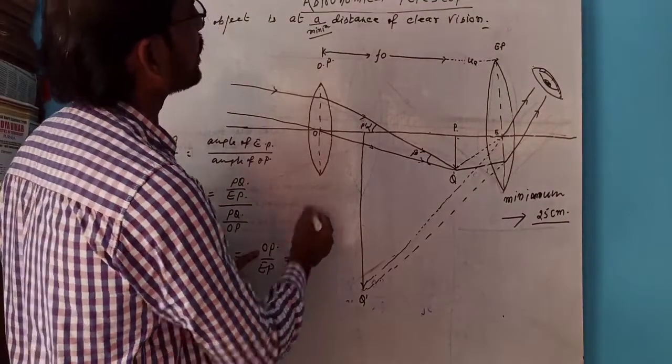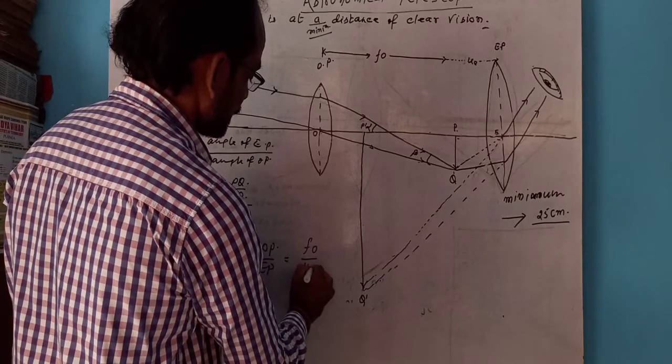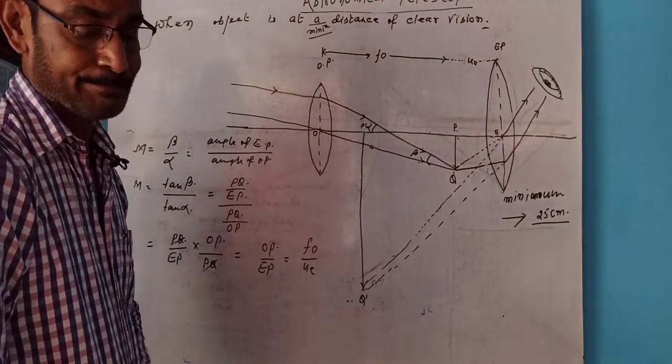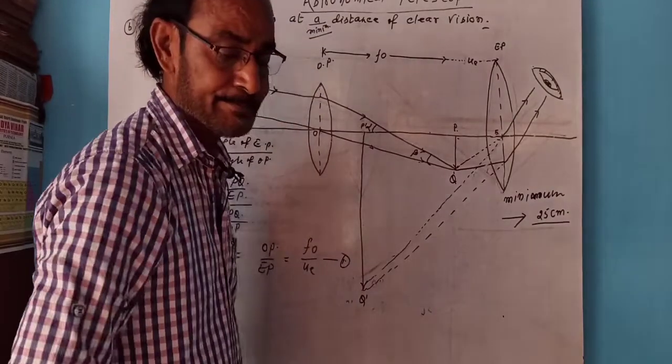Then OP is FO upon UE. This is the first equation.